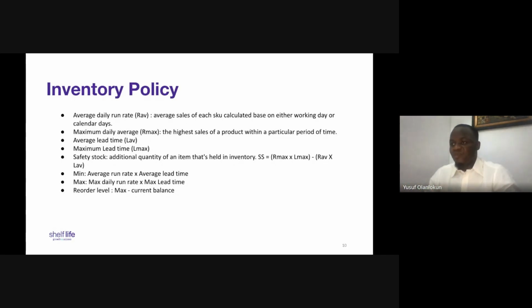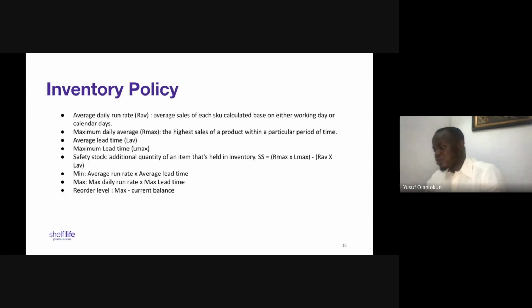So these four parameters that I mentioned, number one, the daily run rate, number two, the maximum daily run rate, number three, the average lead time, and number four, the maximum lead time, you now use to calculate the safety stock. Safety stock is something that you keep just in case. I mentioned the peculiarity of your 20% that contributes to 80% of your margin that you can't afford to lose on.